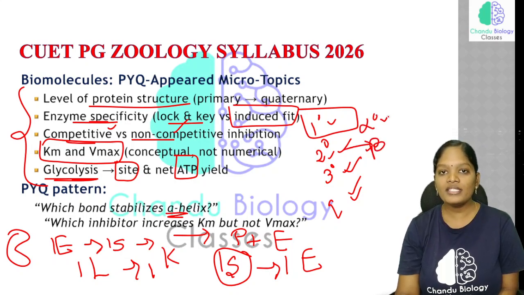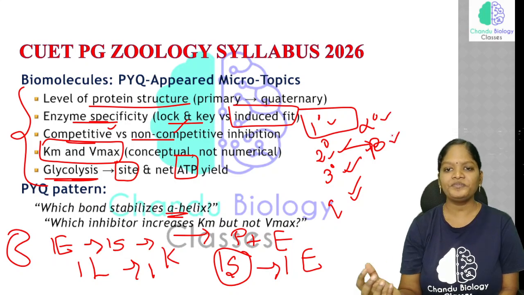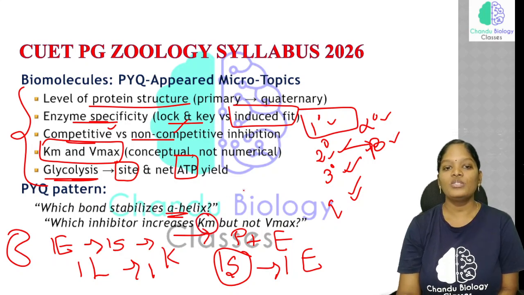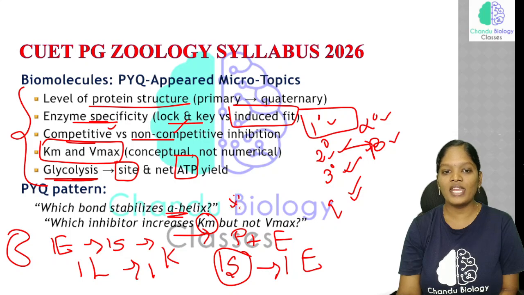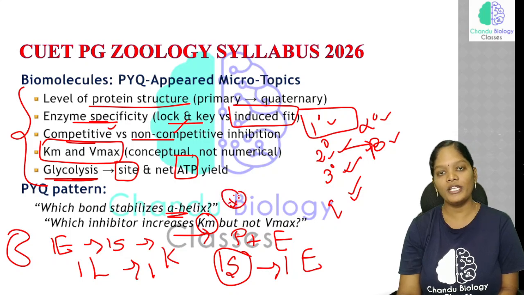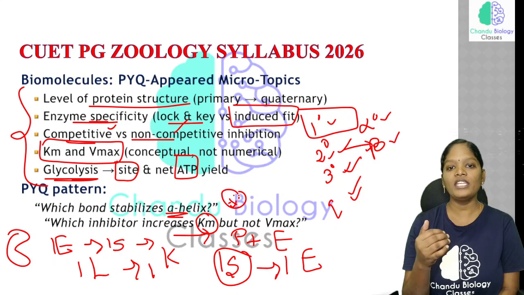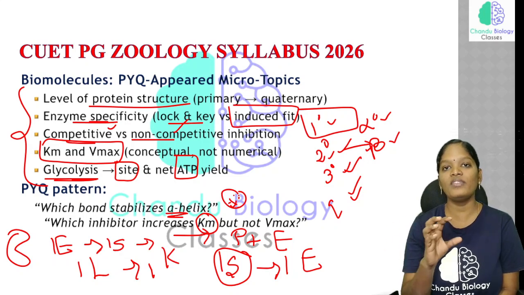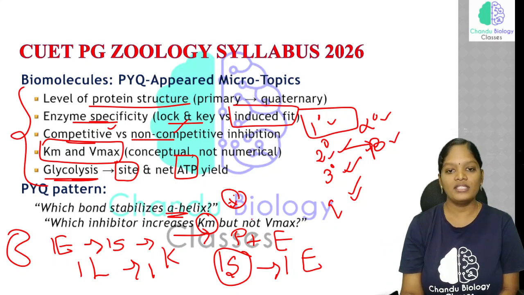Which bond is necessary for the alpha helix and which for the beta pleated sheet? As these bonds are strong, they can make the secondary, tertiary and quaternary structures. Which inhibitor increases the Km but not Vmax? This is very important. We have competitive and non-competitive inhibition. In competitive inhibition, does Km increase or does Vmax increase? We have to study by comparing all these things.